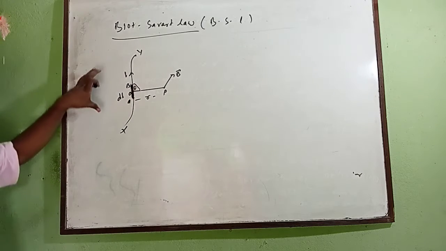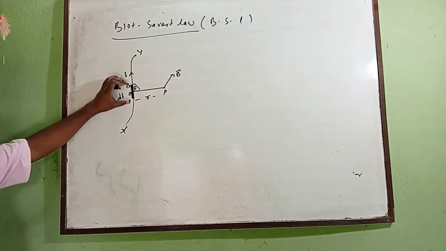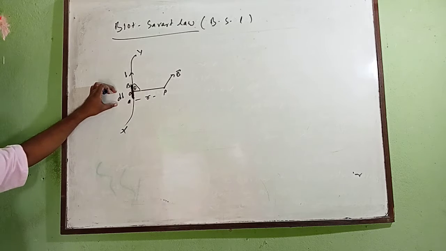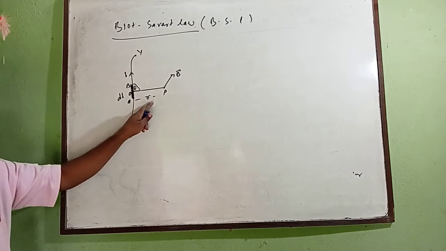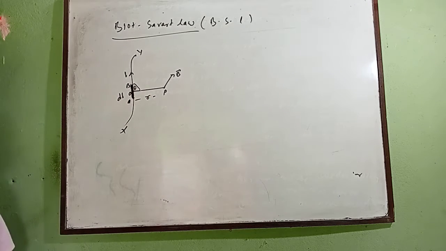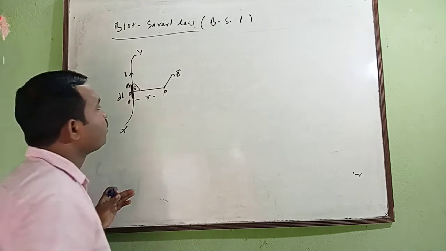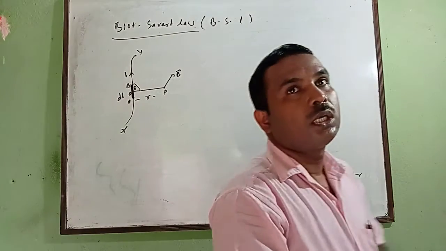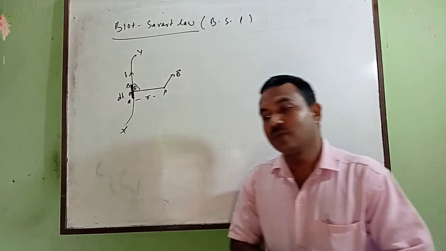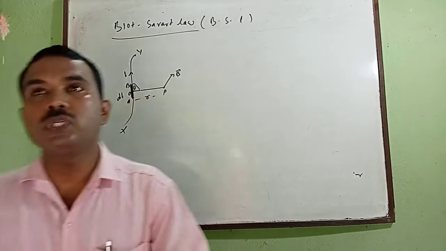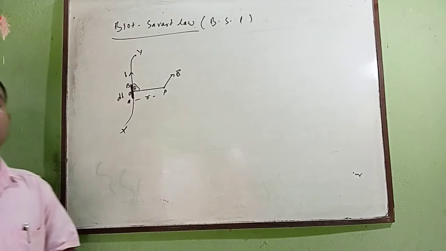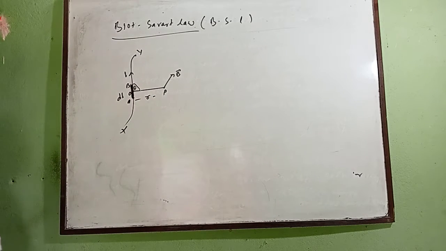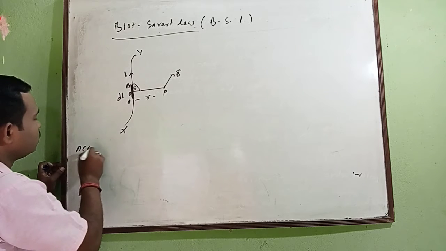If we assume the total length is L, then this is the elementary portion, dl, and r is the distance from where the magnetic field can be observed. Is it clear? Okay, so according to the Biot-Savart law, when continuous current flows in these conductors, the magnetic field can be observed.